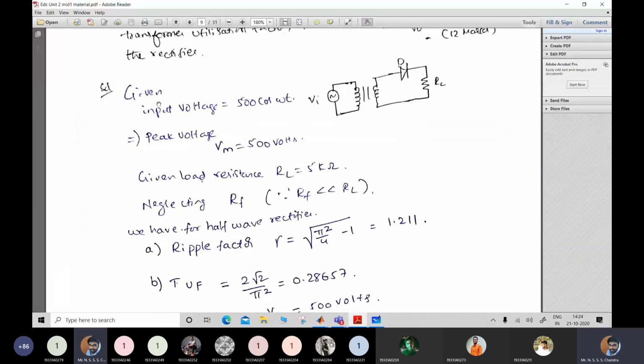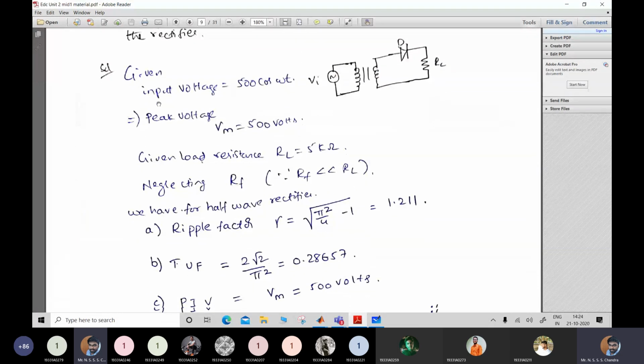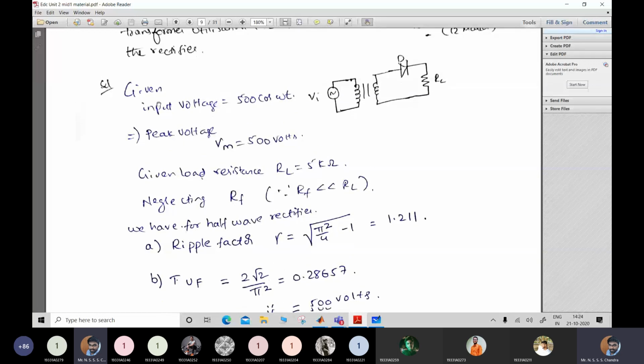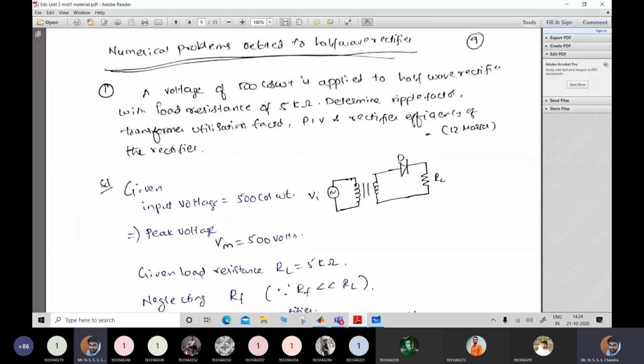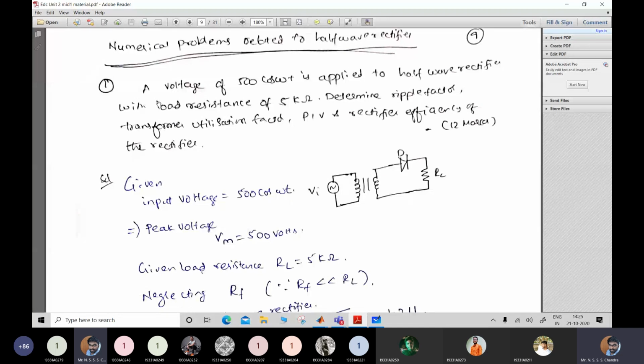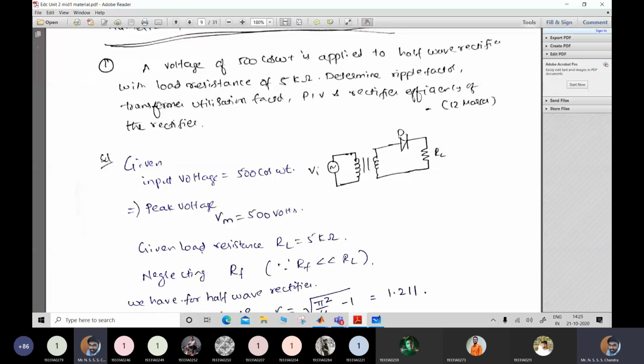Ripple factor I'm getting again 1.21. So can you see that? Even without doing anything, I can write that. And then you have your PIV. What is your PIV value? PIV value will be equal to your VM.